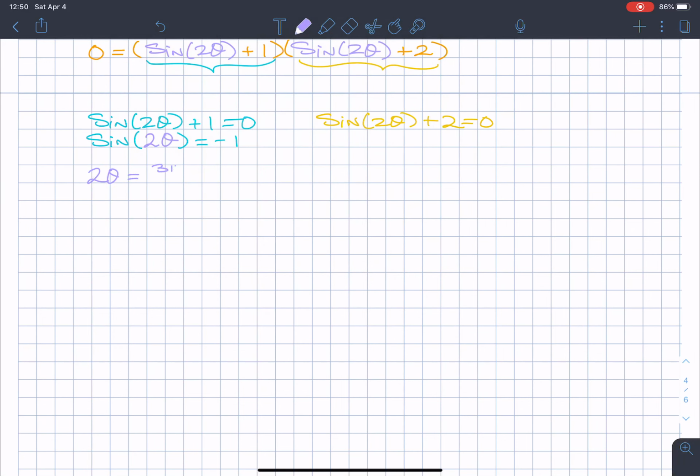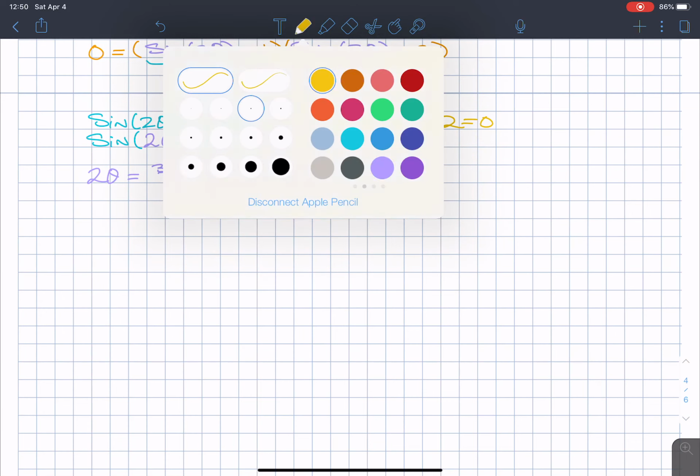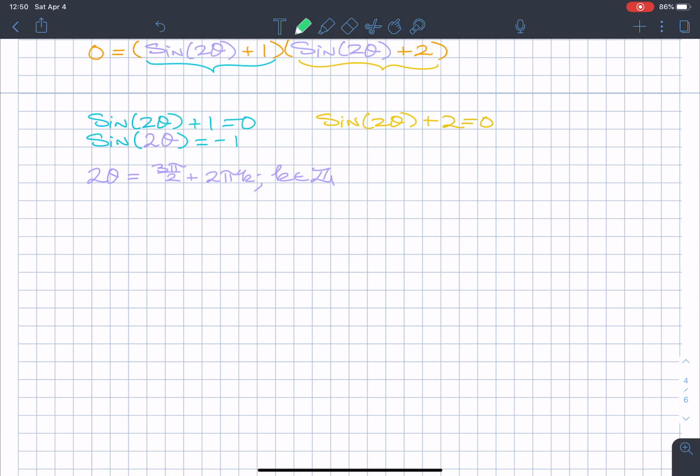Well, that's 3 pi over 2, plus any integer multiple of a full revolution. But I don't want to solve for 2 theta. I want to solve for theta, so let's divide by 2. So I get that theta will be 3 pi over 4 plus pi k, where k is an integer.